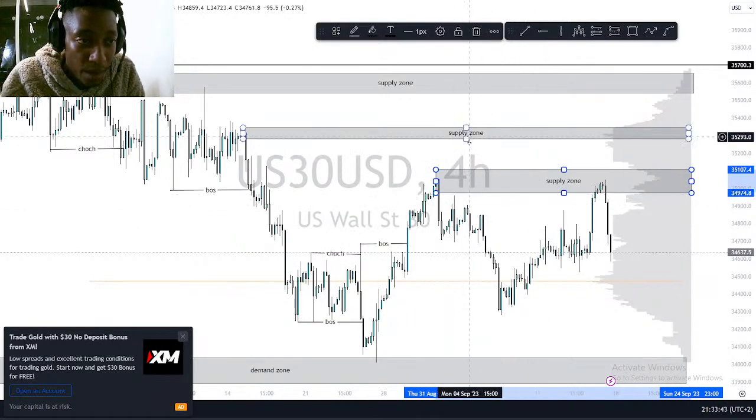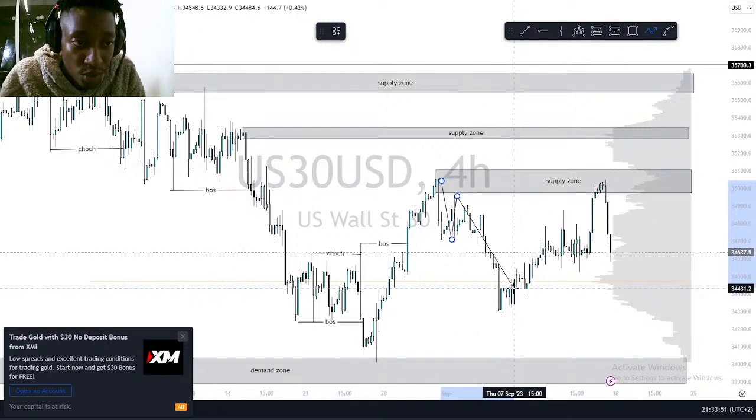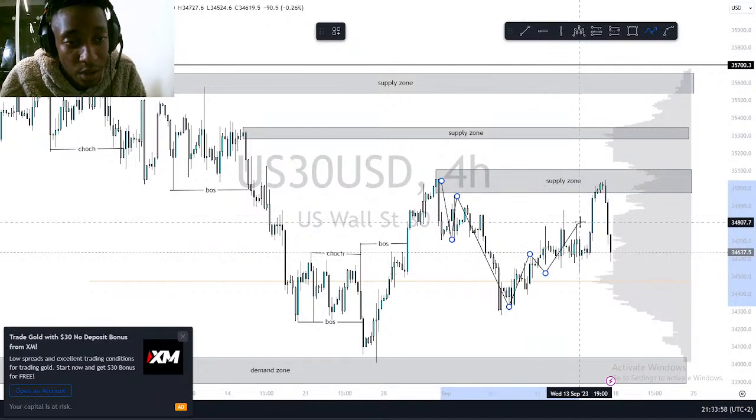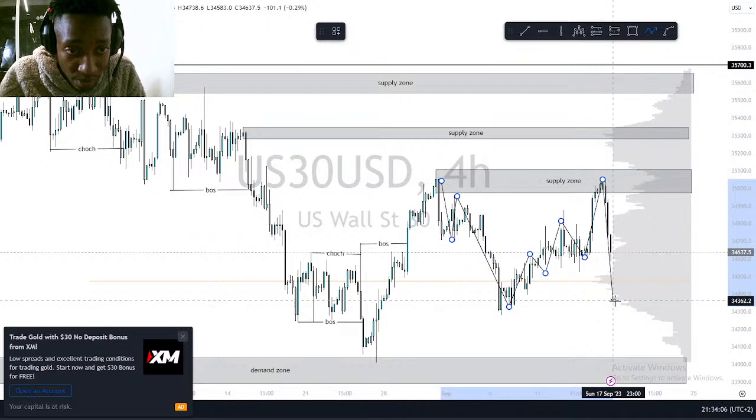So we have a supply zone there, and the market did what? After giving you that supply zone, it went down, it created inducement, it failed to mitigate that supply zone, and then it started pushing to the upside until it mitigated the supply zone. After mitigating that supply zone, that's where the market started dropping.